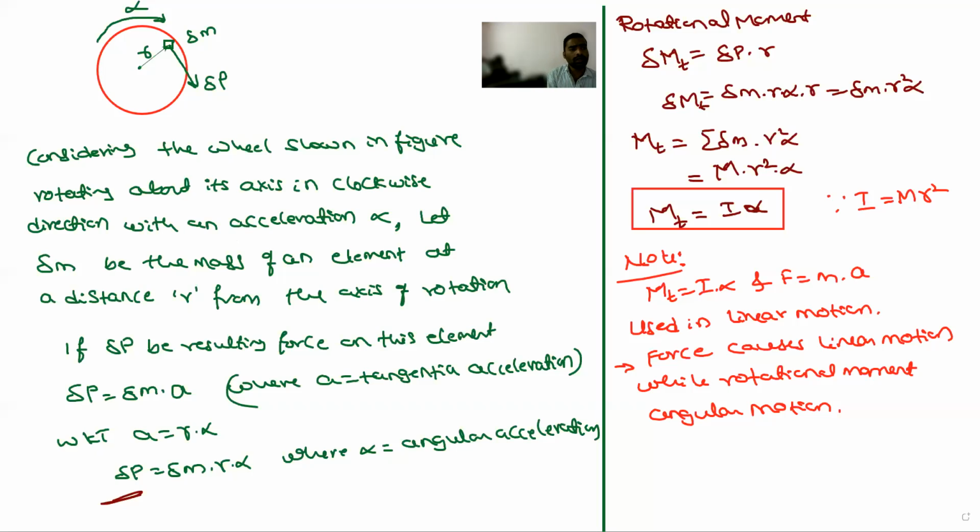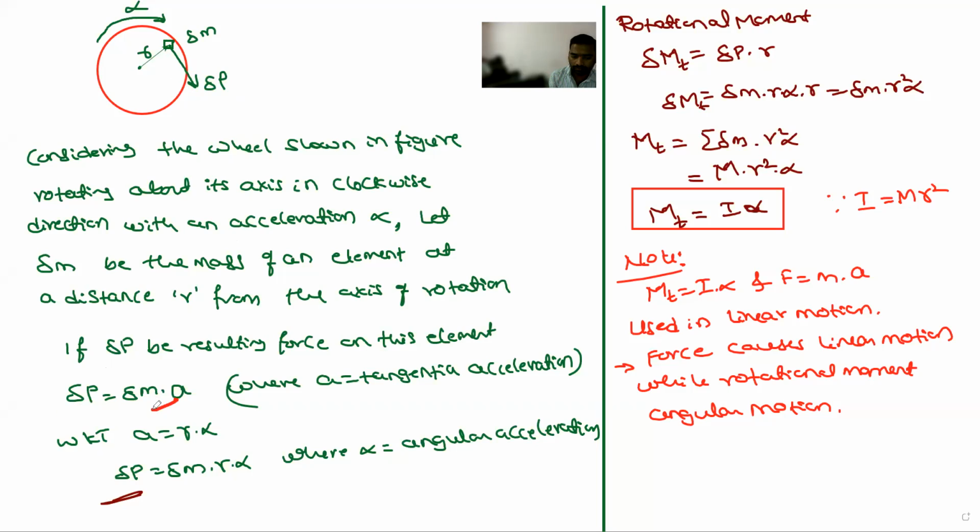Rotating moment: you have to consider a small part of the body. How much force is acting on this small particle, you have to calculate. That is delta P, the force acting on the elemental particle. Force is equal to mass into acceleration.